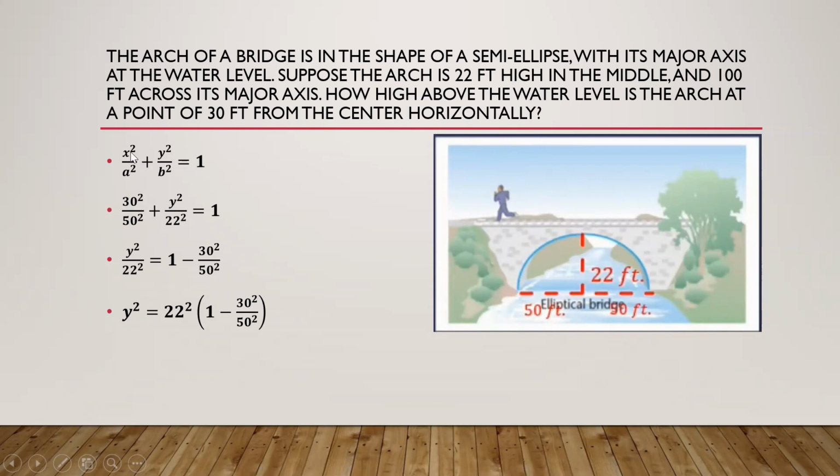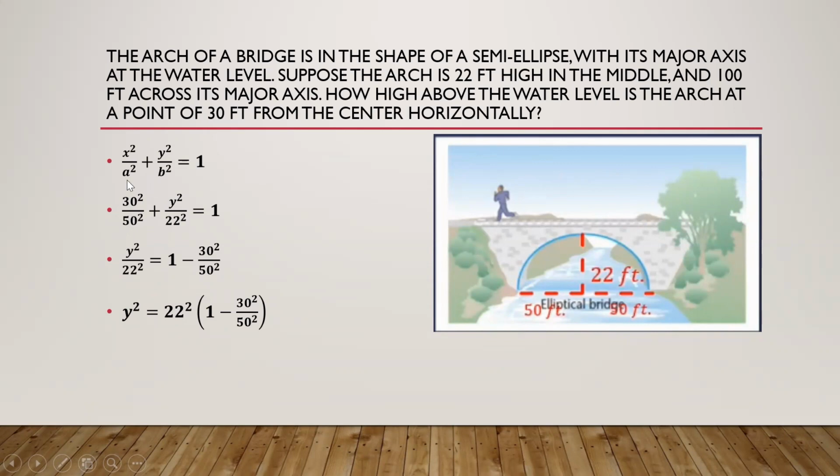So how do we know that x is 30? From the question, the arc is 30 feet from the center horizontally. That means we moved from the center 30 feet on the x-axis. So 30 is our x coordinate, and we simply put in 30.